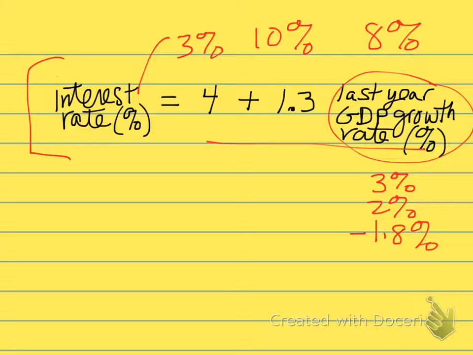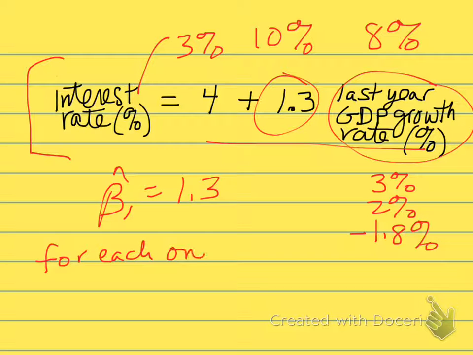So we run the regression, and we find that our beta 1 hat is equal to 1.3. So how do we interpret that? For each 1 percentage point, because when this goes from 2 to 3 or 3 to 4, that's an increase of 1 percentage point.